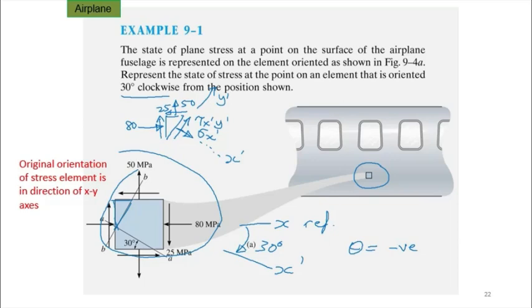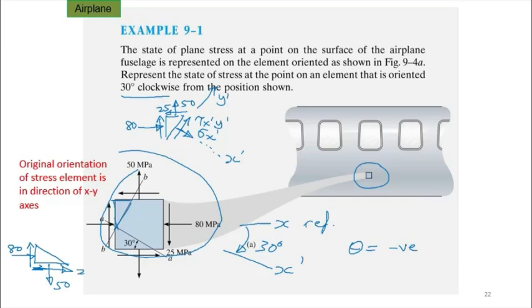And the next one is this triangle at the bottom there. So you will have another triangle at the bottom, right? Again, we have 50 here, and we have 80 here. Then we have the shear stresses, right? Sorry, wrong arrow. It's to the right, right?